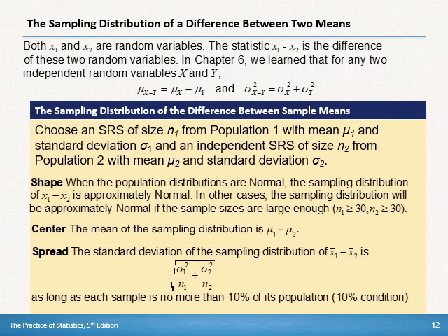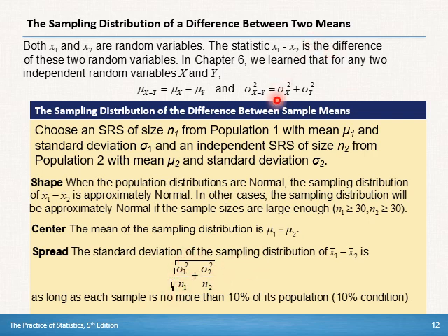And that sort of is demonstrated here. You can see that in order to get the new variance, we add up the variances of the other two. So let's look at here. This is the standard deviation of the sampling distributions for each of the individual samples, and then it's the square root of the whole thing.